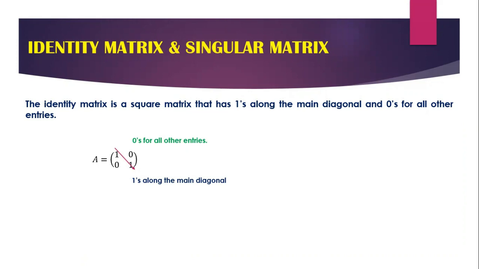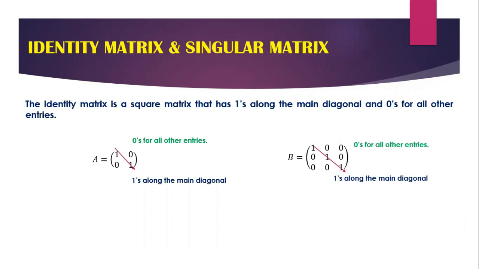Okay, look at the next example. Matrix B. This is the identity matrix for a 3 times 3 matrix. 1 along the main diagonal, and the rest zeros for all other entries.